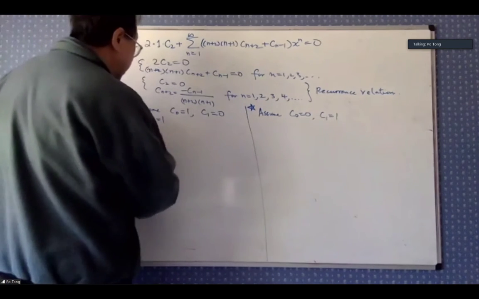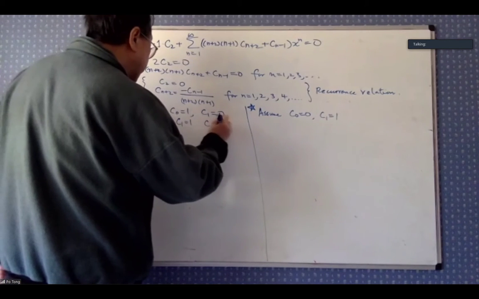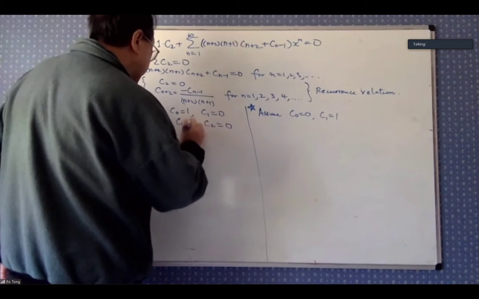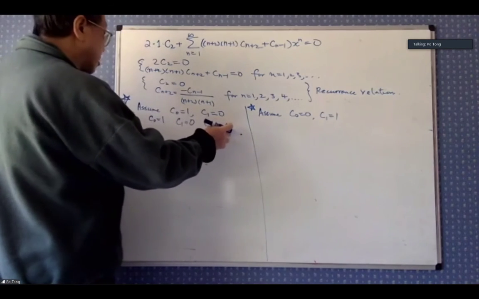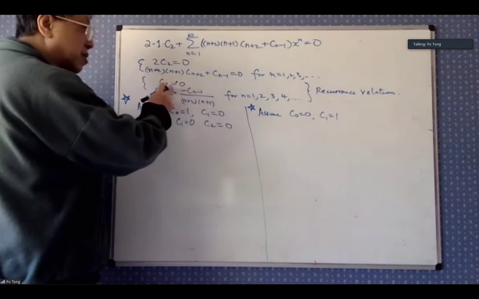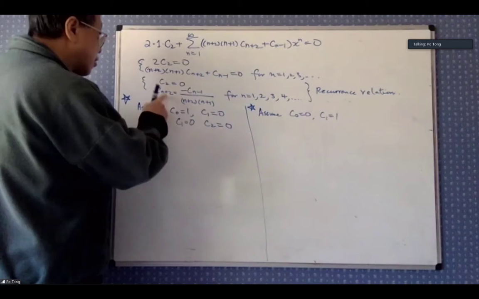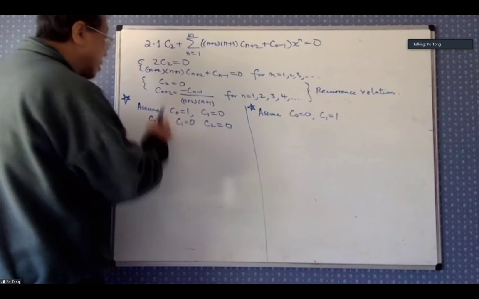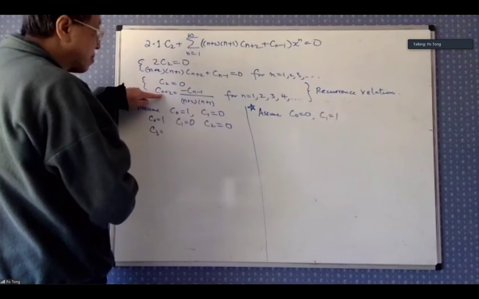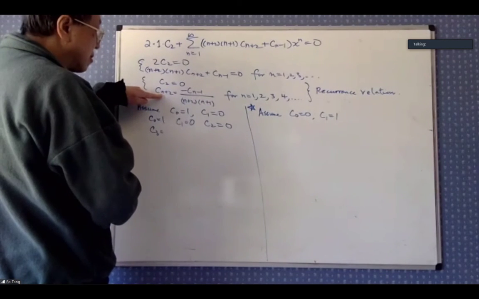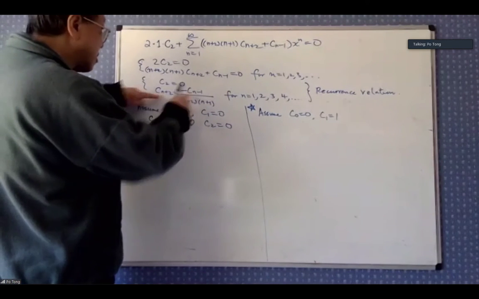Why don't I just do it like this? C0 equal to 1, C1 equal to 0, and I already know C2 equal to 0. This formula is saying that C3 is related to C0. Can you see that? When n equal to 1, C3 is related to C0.